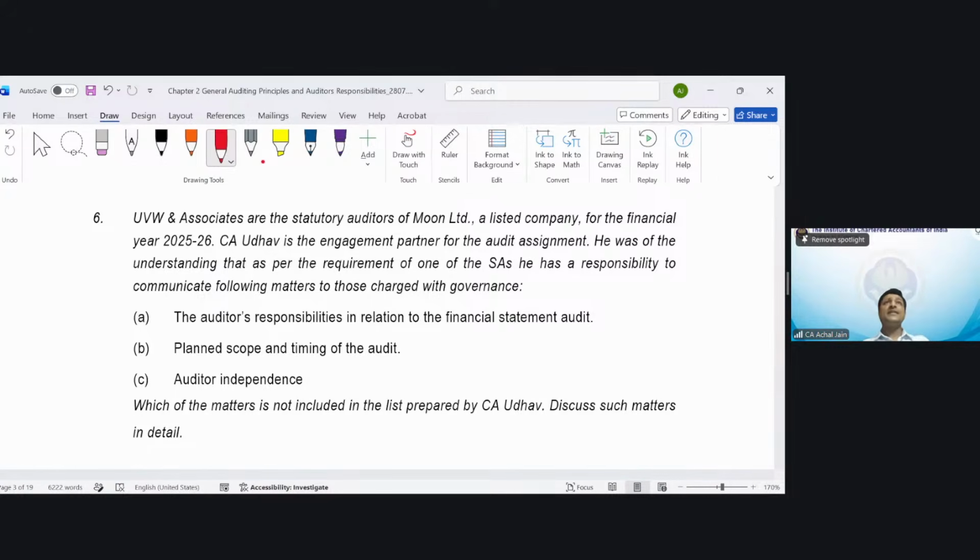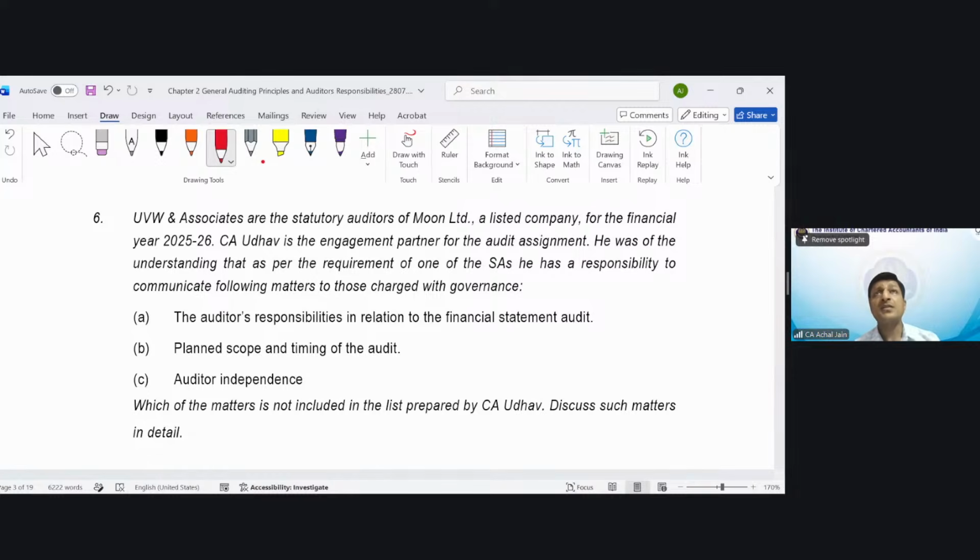Now, what is the understanding of the auditor here? Let's try to look at these points. Auditor's responsibility in relation to the audit of financial statements, planned scope and timing of audit, auditor's independence.